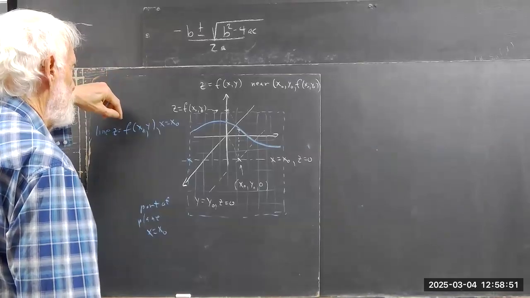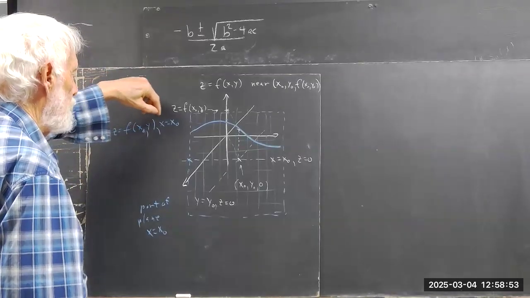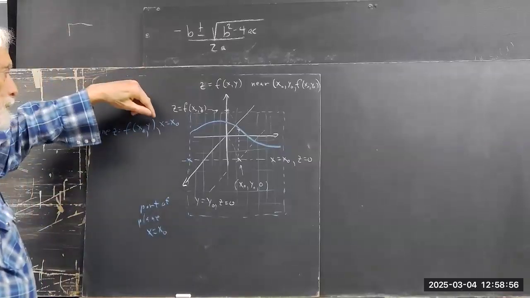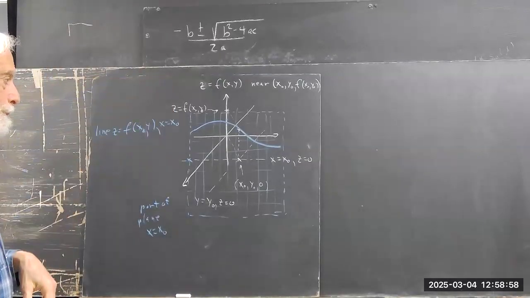We'll say this is the line f of x naught, y, because x equals x naught.